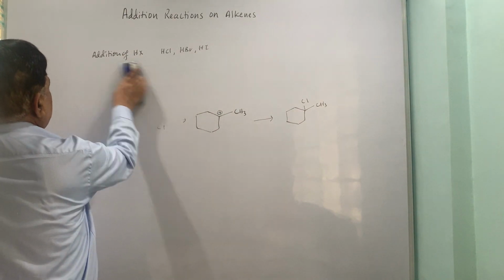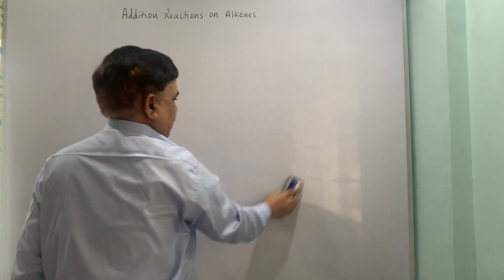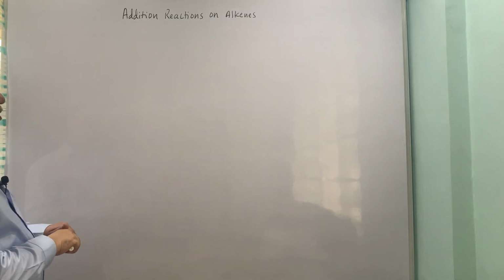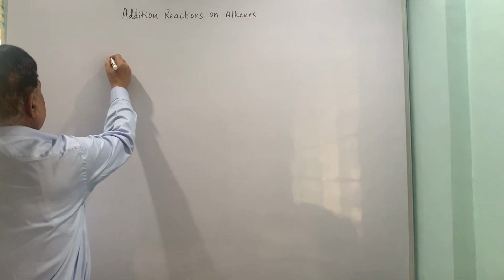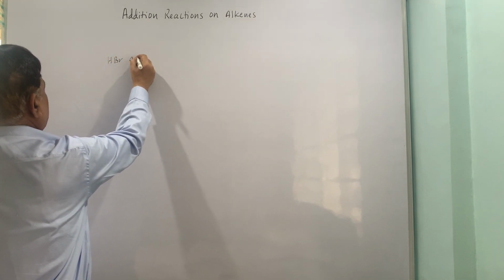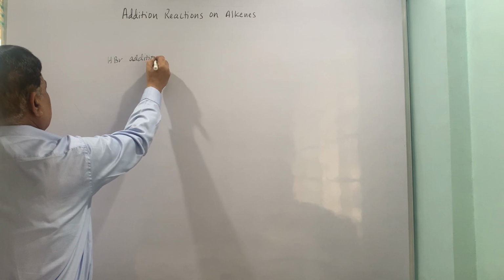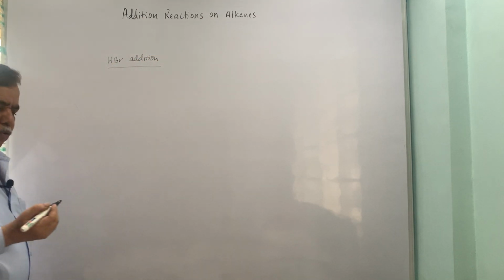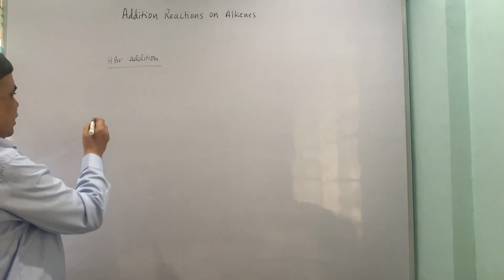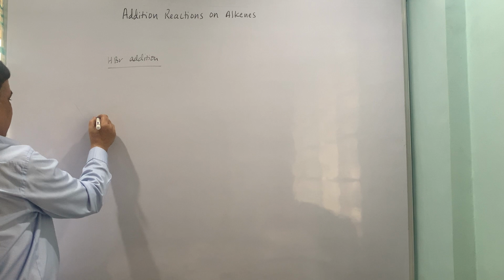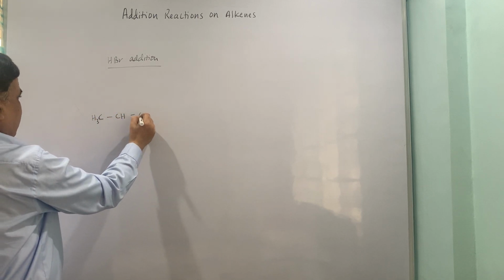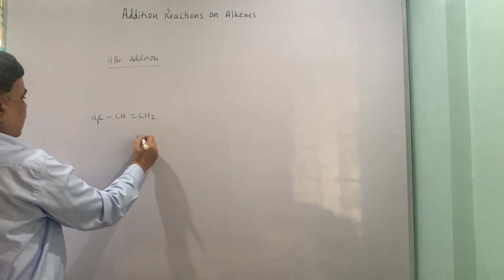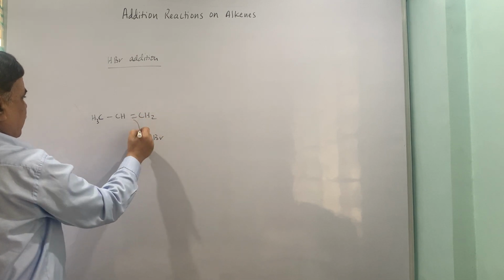Now, moving on to the next reagent from the same category, that is HBr addition. Now, HBr addition, there are two ways. One is in absence of H2O2 and the second is in presence of peroxide. So, first of all, we will write it in the absence of H2O2.